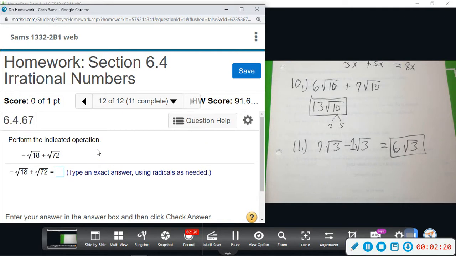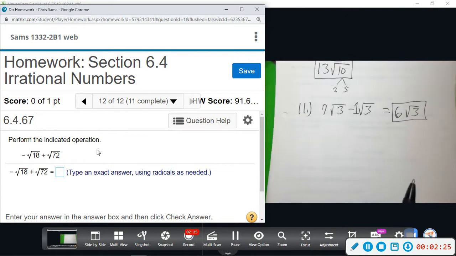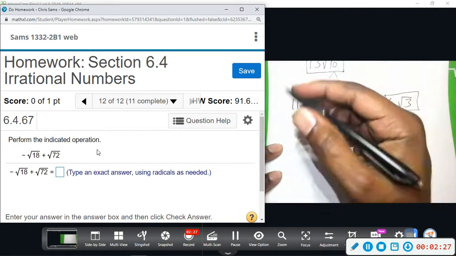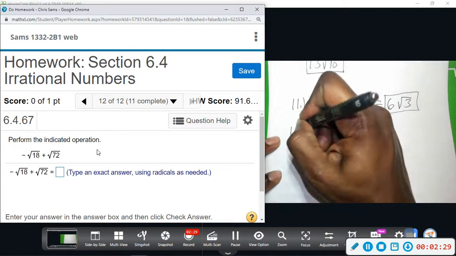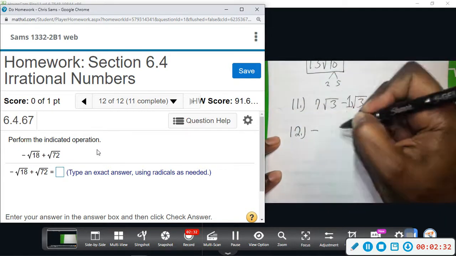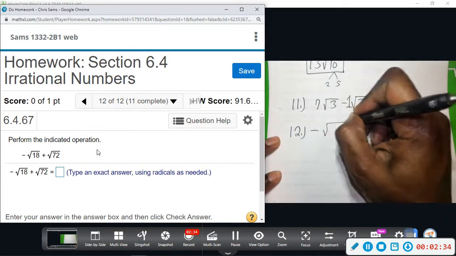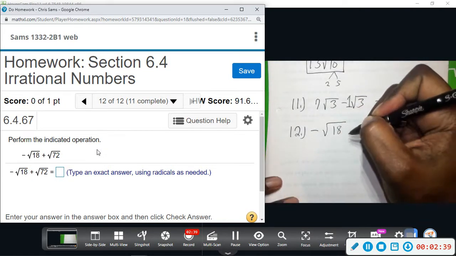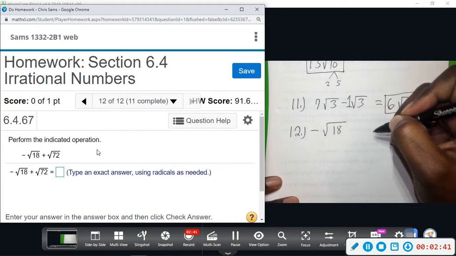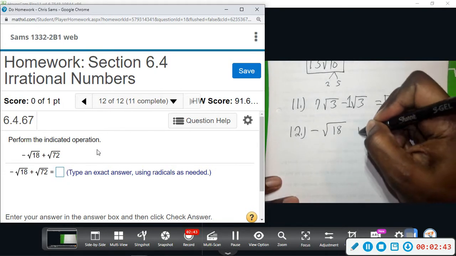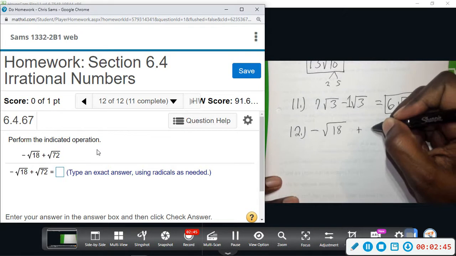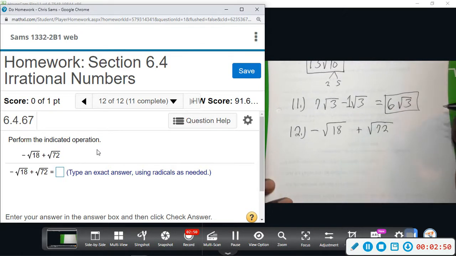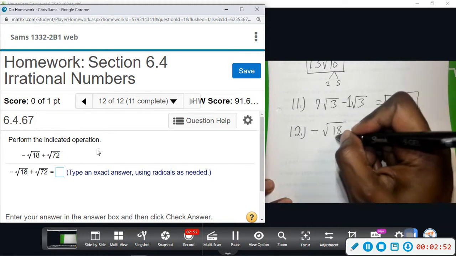Okay, so this last one, as this problem stands right now, we cannot simplify it because they're different radicals. So we have to do some simplifying to see if we actually can reduce these. Okay, so let's break these down to primes.